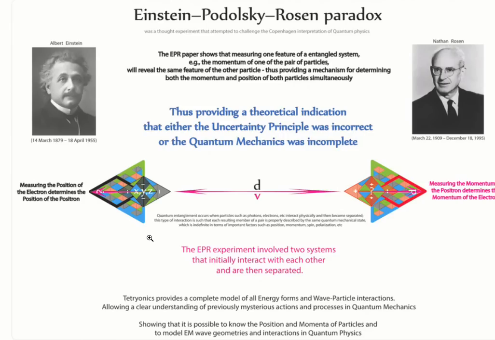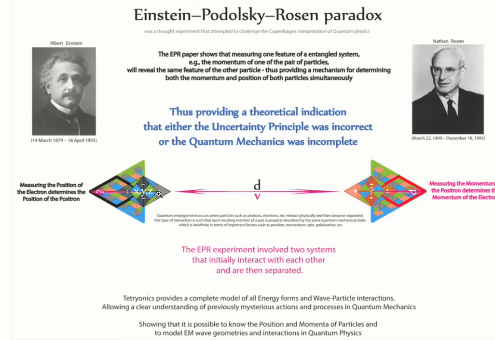If you measured this coupled set, and that's the important part, measured the coupled set at any time later on, you could determine the position of one particle and the momentum of the other. In this case we know the x, y, z Cartesian coordinates for this particle, and this particle here we know the momentum.